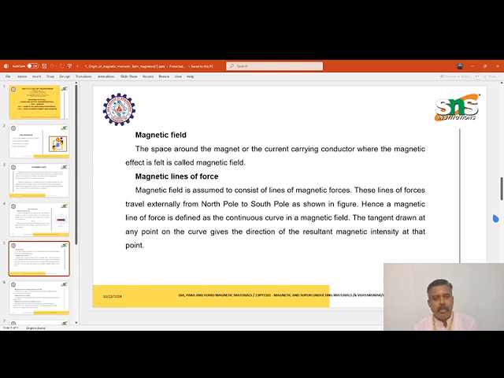The tangent drawn at any point of the curve gives the direction of the resultant magnetic intensity at that point.